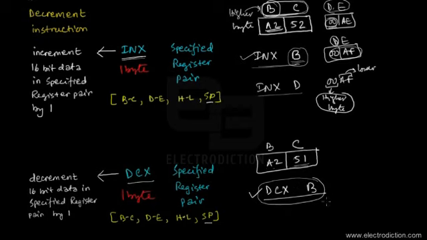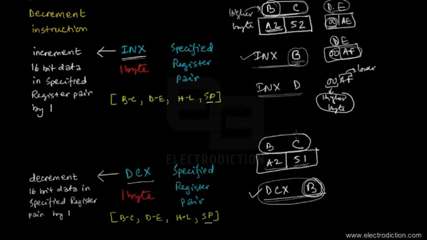And the way in which DCX is declared is similar to the INX statement. We always give the name of the register that contains the higher byte in the register pair with which we are working.